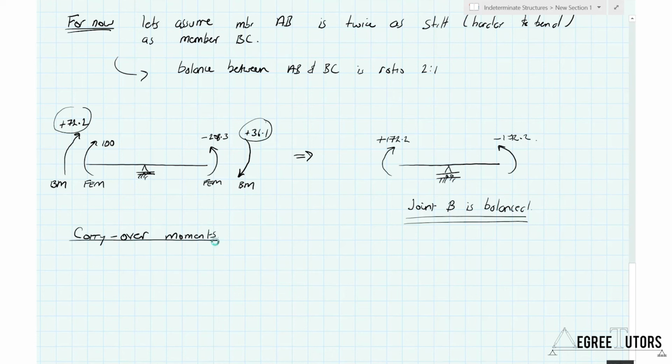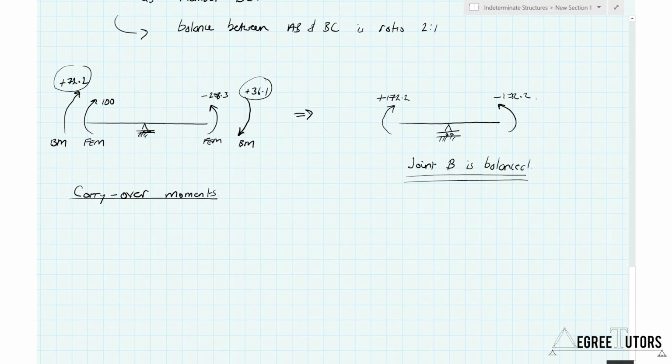Right. We're going to take a side step from our example for 2 seconds just to talk about what a carryover moment is. Again, start off with a simple structure. Now, if I'm down here at joint B, and I apply a moment M at joint B, I'm going to get some sort of a deflected shape that's going to look like this. Noting here that the support at A is a fixed support.